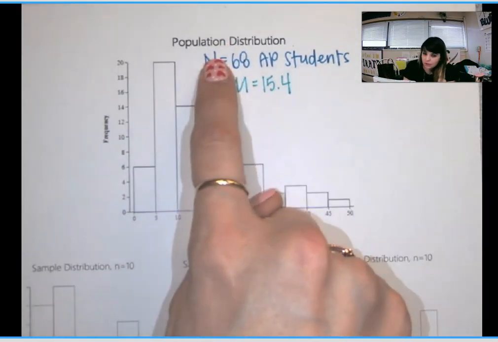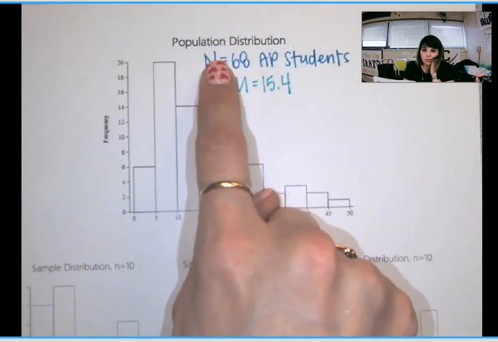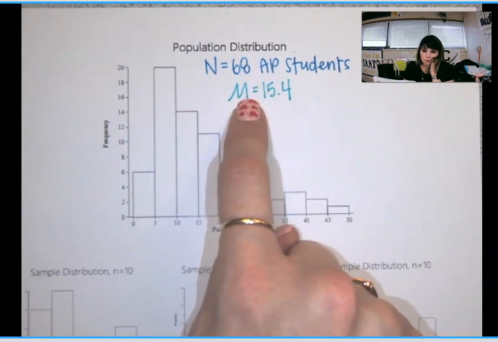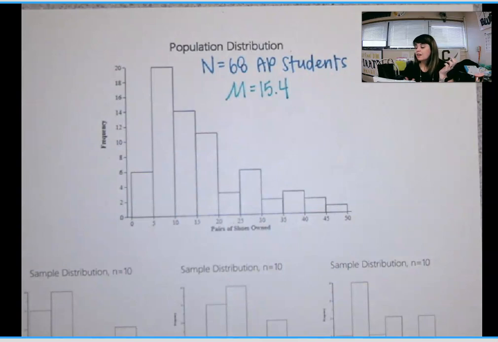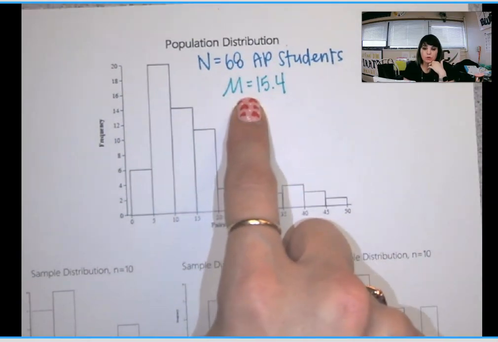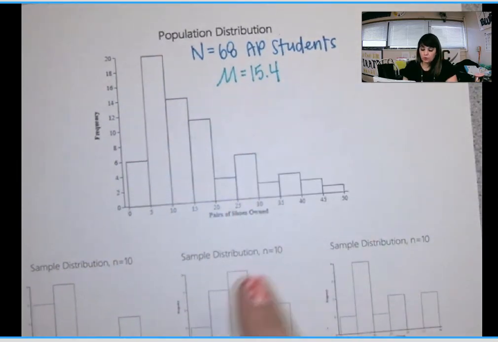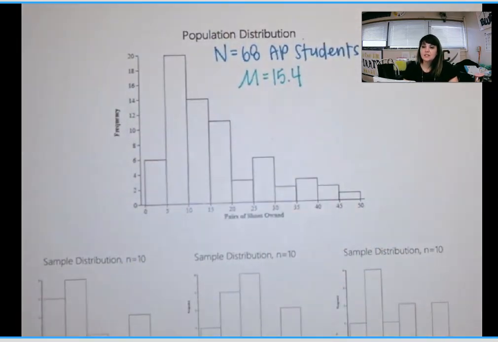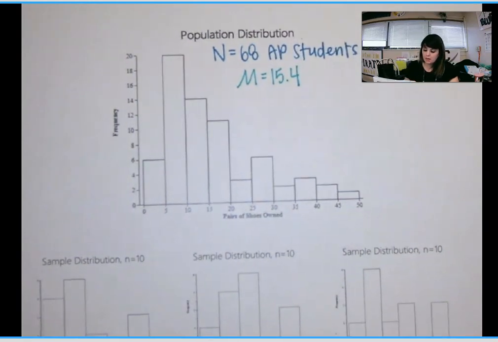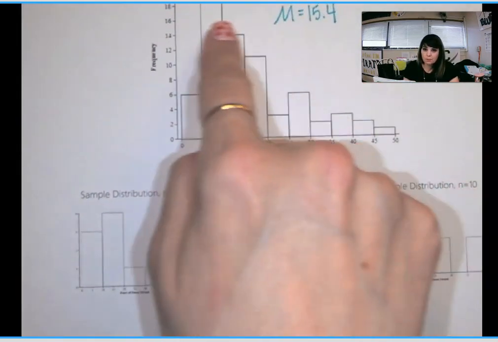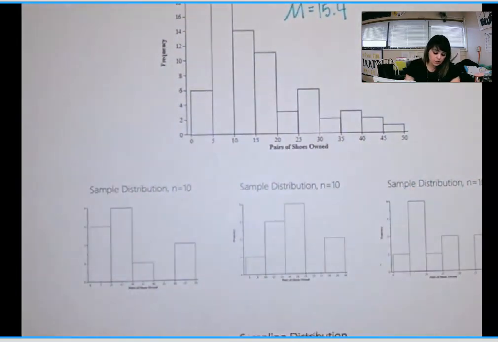So, population 68 students, true mu is 15.4. Let's say for some reason we didn't know that the true mu was 15.4. So we're going to take a sample of these 68 students to estimate what true mu might be. So we're taking 10 students from these 68 students.